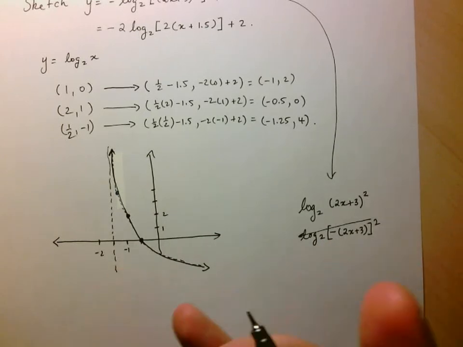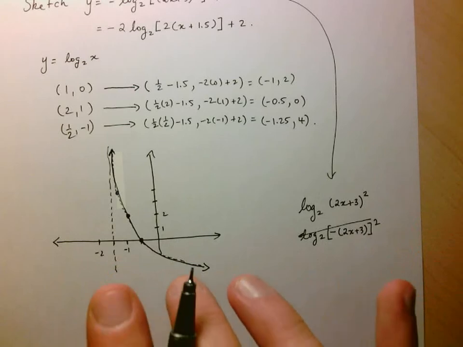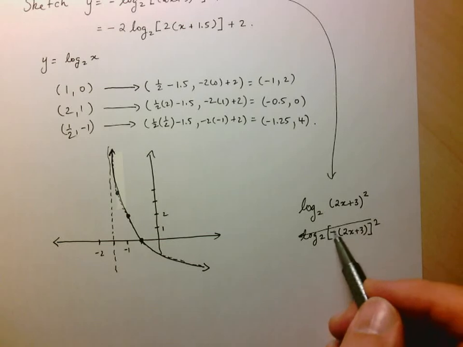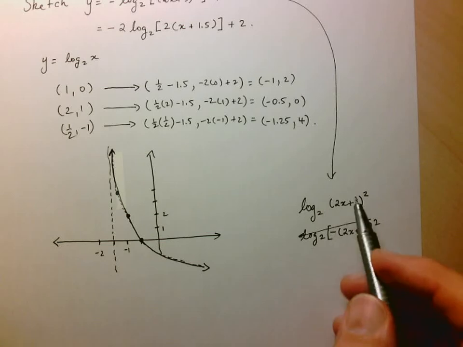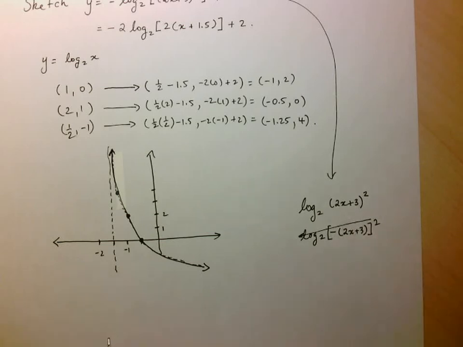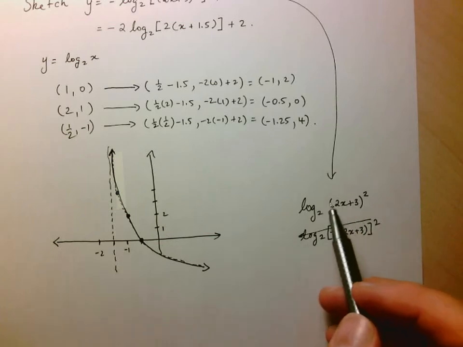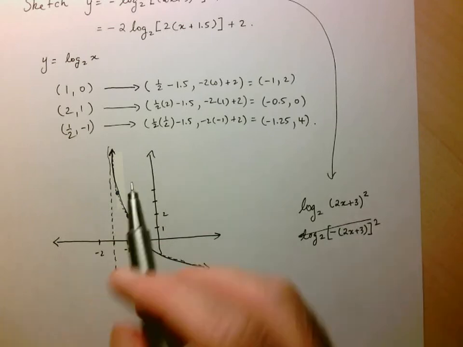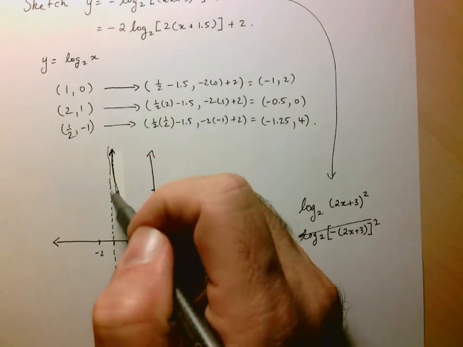It represents a flip in the y-axis. So there would have been this flip in the y-axis for the portions where the original expression had the 2x plus 3 being a negative number. Still can't be equal to 0. Just because you're squaring it, the input still can't be equal to 0, so you still have this vertical asymptote.